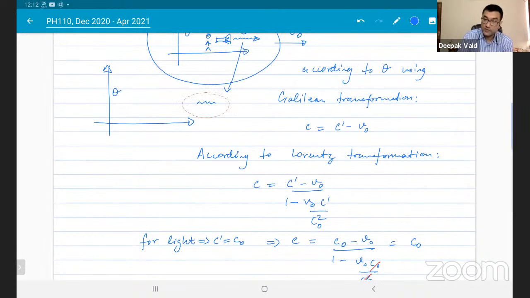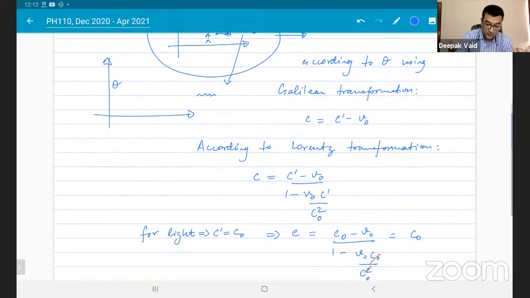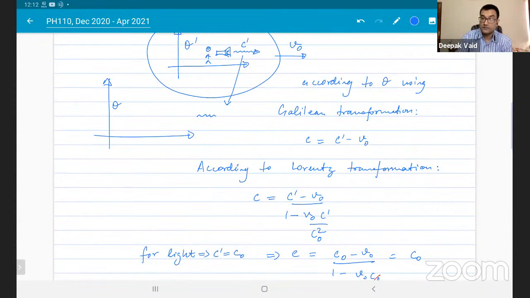So the speed of this beam of light as seen by the first observer is c naught, as seen by the other observer is c naught.